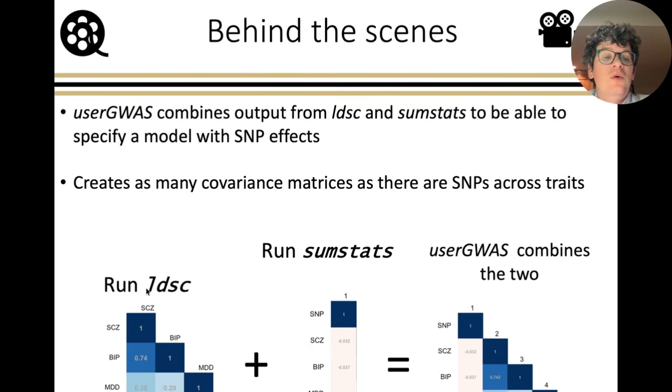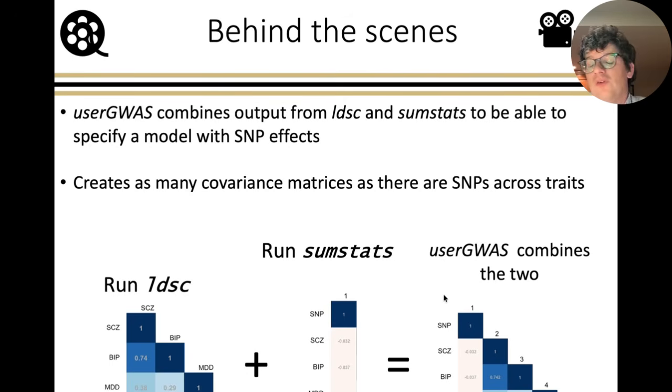And so it's taking this output from LD score regression, which has the genome-wide genetic overlap across the included traits, and then the output from SumStats, which reflects the covariance between the SNPs and the included traits, where part of what SumStats is doing is it's rescaling the output so that it's on the same scale as the output from LD score regression, so that when you run userGWAS, the 2 pieces of output can be appended to one another.